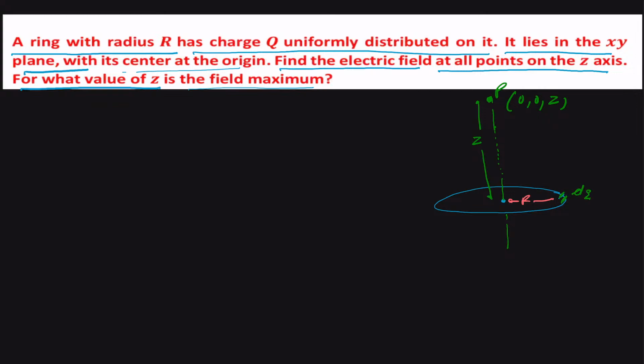Because of this charge element dq, there will be a symmetric charge element opposite to it. For every point, there will be a symmetric point on the opposite part of the ring. Suppose we take a charge element somewhere here, and it is going to have a symmetric point here.